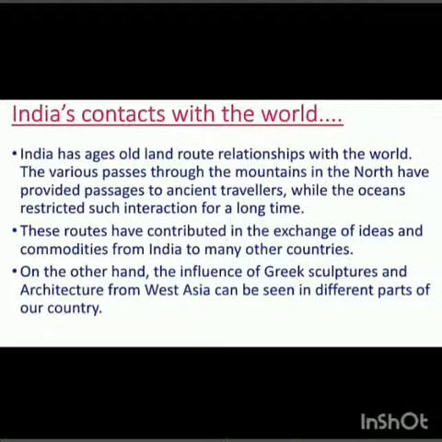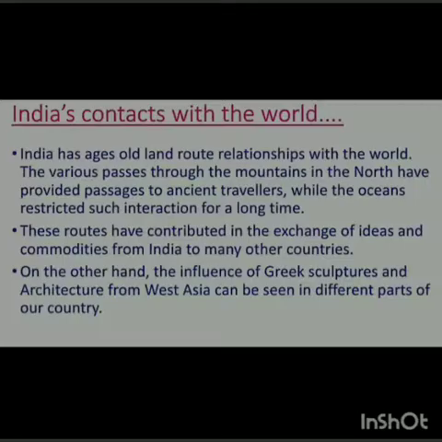On the other hand, the influence of Greek sculptures and architecture from West Asia can be seen in different parts of our country, which shows that the exchange of ideas was very frequent between India and other parts of the world. India has widespread contacts with other countries of the world since ancient times.